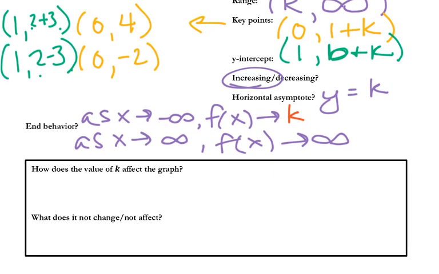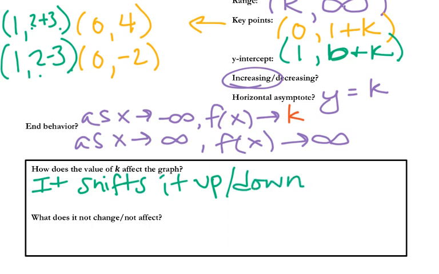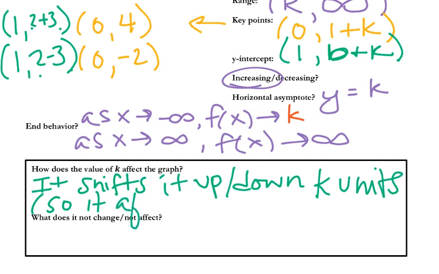Okay, so how does k affect the graph? Well, it shifts it up or down k units. So it affects range.